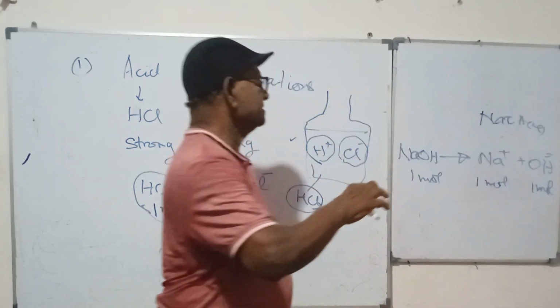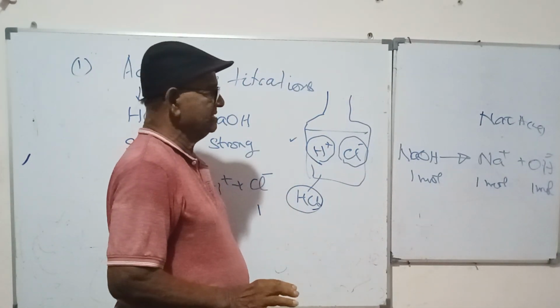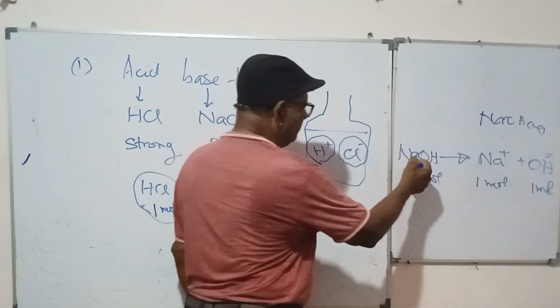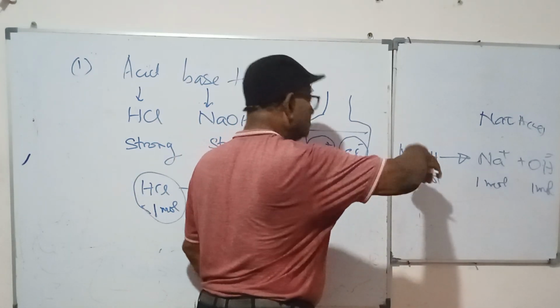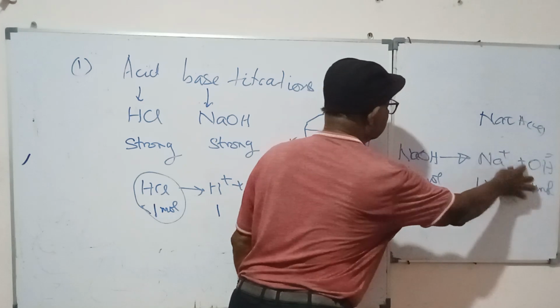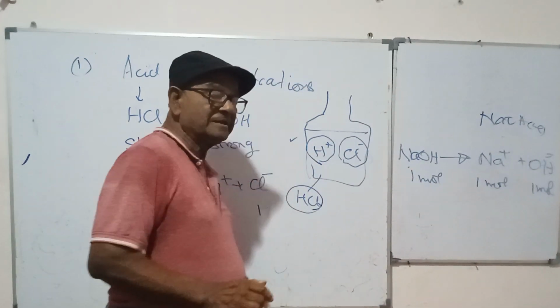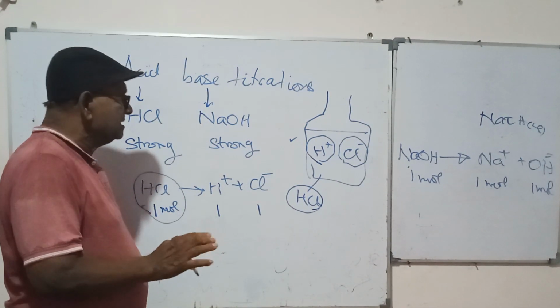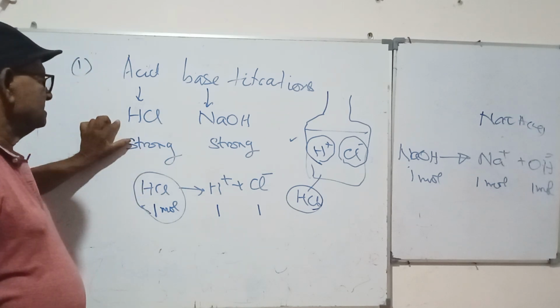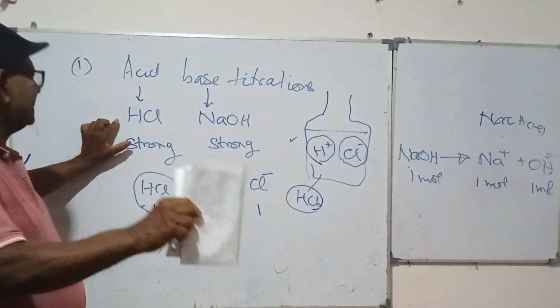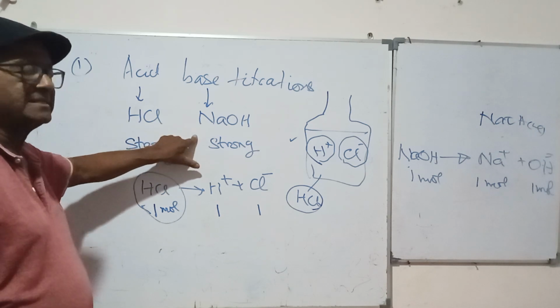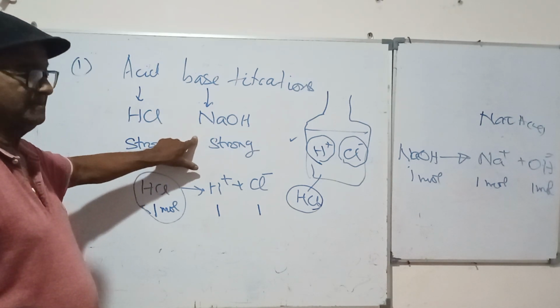NaOH also undergoes complete ionization. If we take a bottle of NaOH, it has totally Na plus and OH minus ions only. So that means a strong acid is completely ionized, and strong bases are also completely ionized.